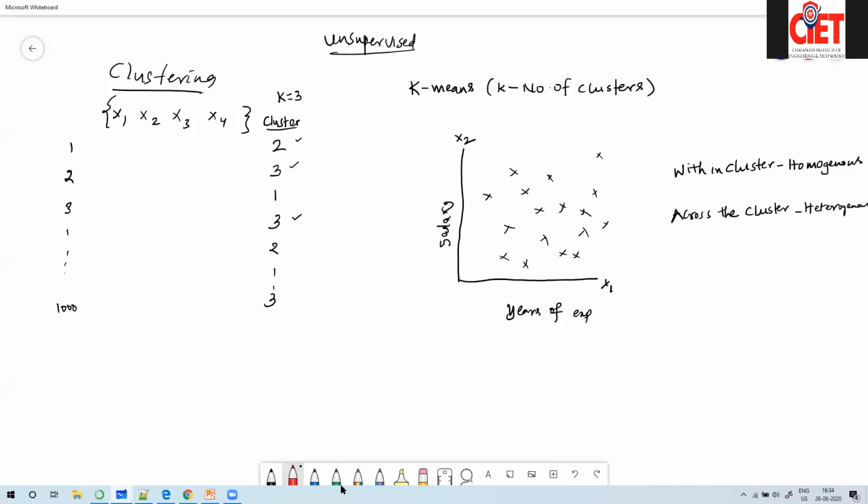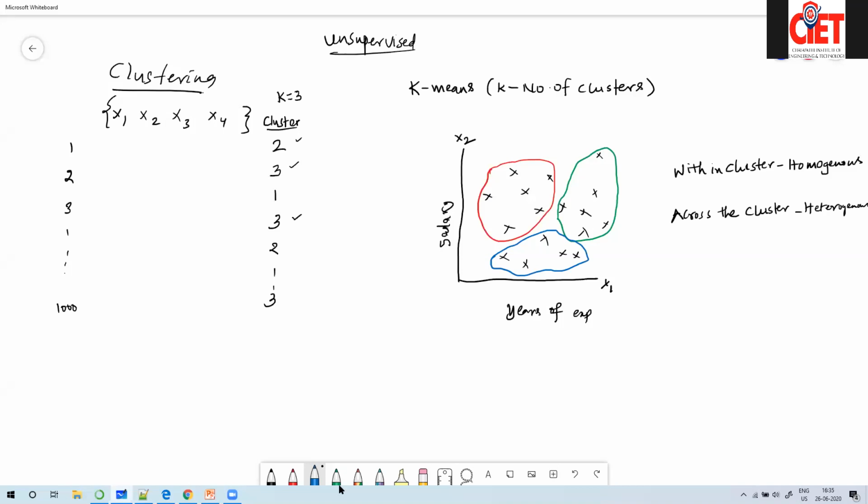So let me try to visually show you how the clusters could look. Let's say, for example, here, if we group all these observations together and these observations together and these observations together. Don't you think these observations that are grouped together in different colors are very near to each other?